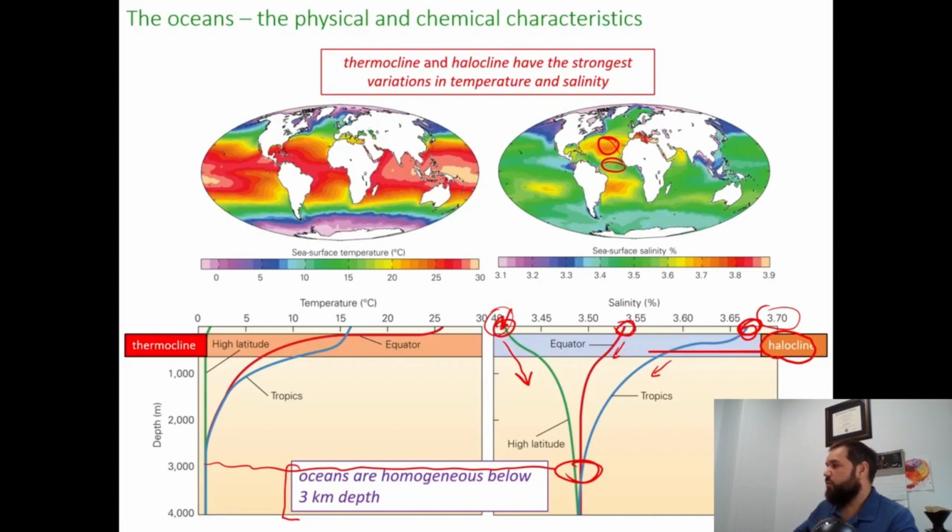Number 9 says, what's the thermocline, right? So let's move on to the thermocline. The thermocline is the temperature version of the halocline. So basically the same thing, except now it's temperature. The thermocline right here, you can see that it's a little bit easier to understand. If you look at the global map, basically it's hot around the equator.